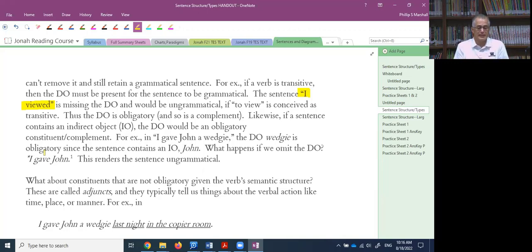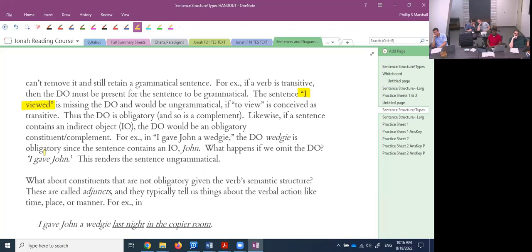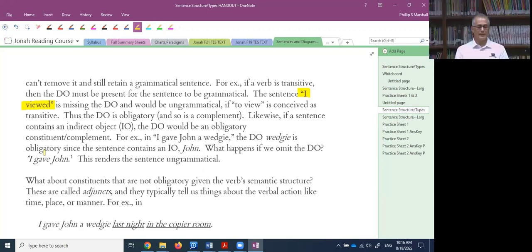Okay, so if I'm missing it, it's not grammatical. That means that the direct object is obligatory with a verb like to view. And that means whatever the object is, that obligatory thing is a complement. So we would say that if I had a sentence like, I viewed the picture, the picture is the complement of the verb to view. It's a required constituent.